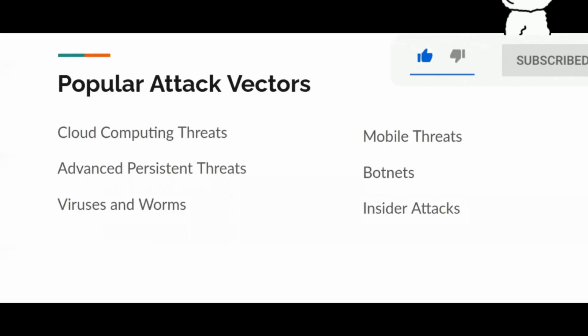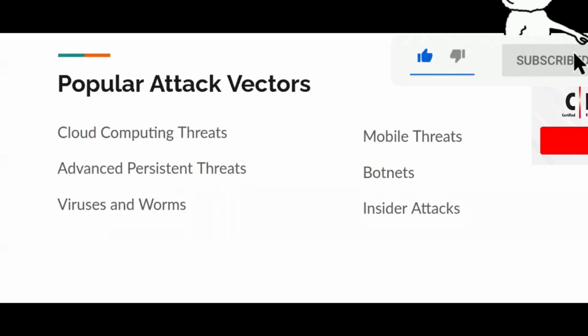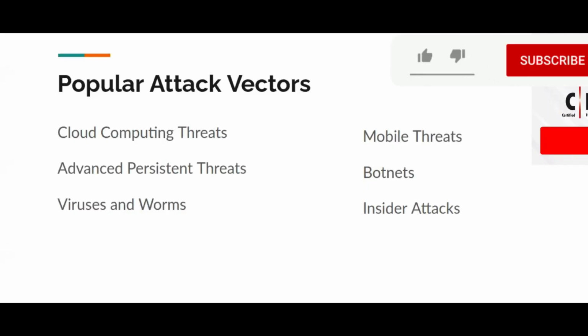So these are some popular attack vectors that you would find. You have cloud computing threats. I hope you understand that people have created big data centers, and even non-related businesses make use of those data centers, and there is huge risk of them exchanging data with each other.